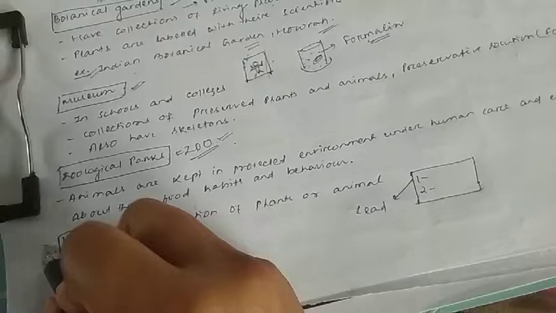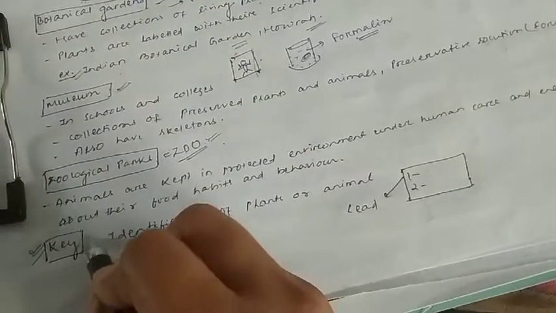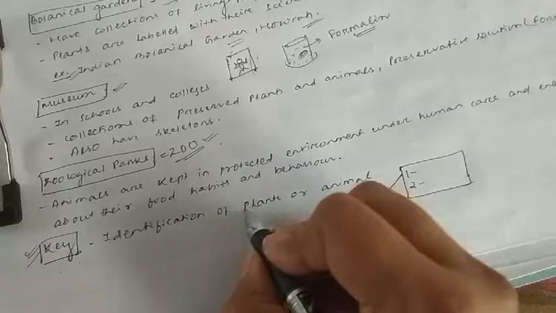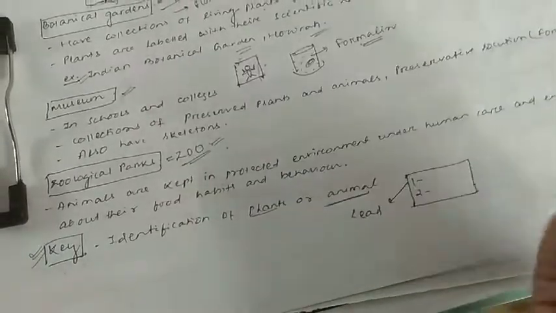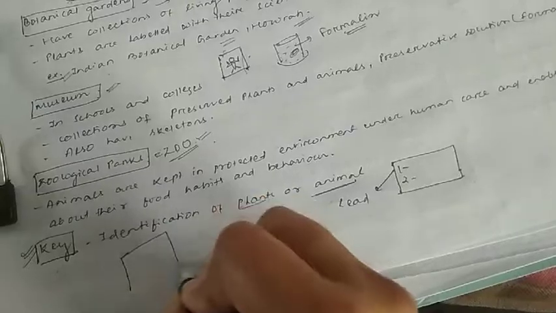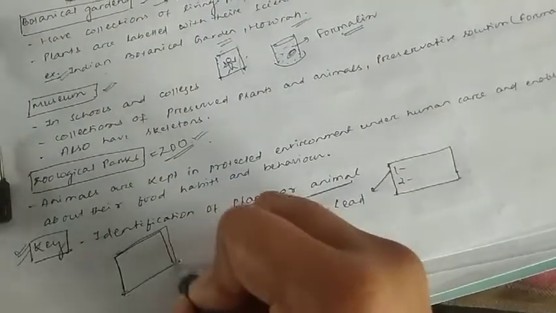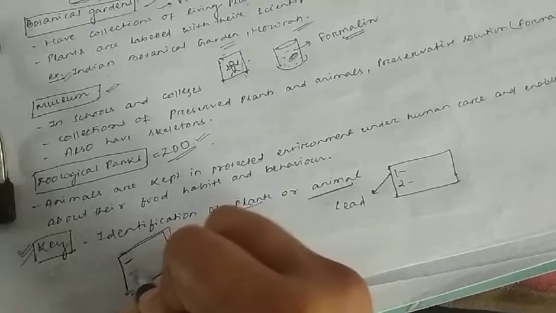Next is the key. This must be a new term for you. So what is a key? Actually, keys are used for plants and animals both. They are certain sheets, and in these sheets there will be two characteristics.